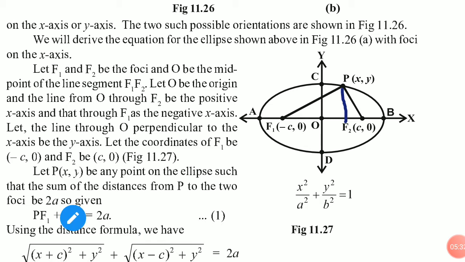Now you have to find the distances PF1 and PF2, as you have drawn the perpendicular. Take this triangle. For PF1 you have to use the Pythagoras theorem.